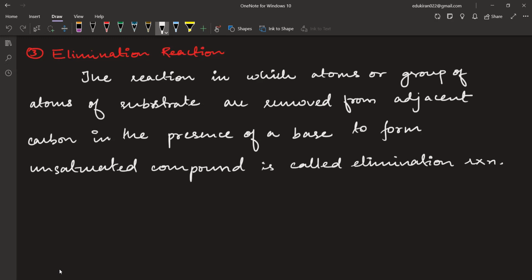Please write this down. From adjacent carbon. This is important.